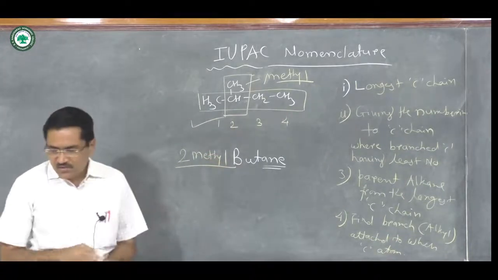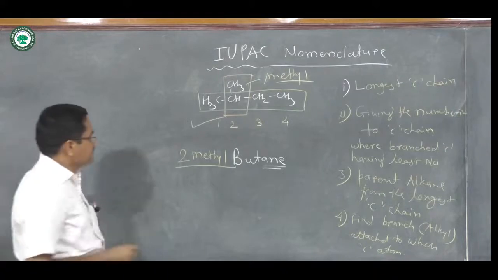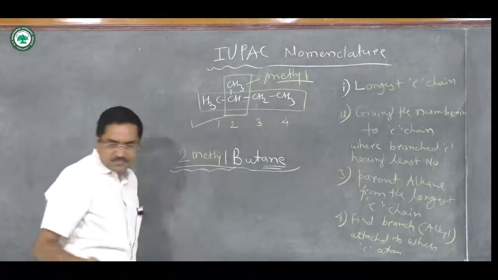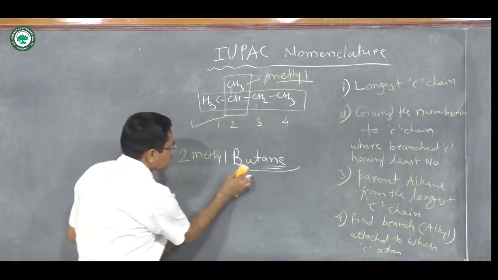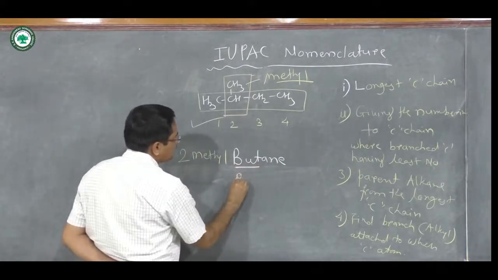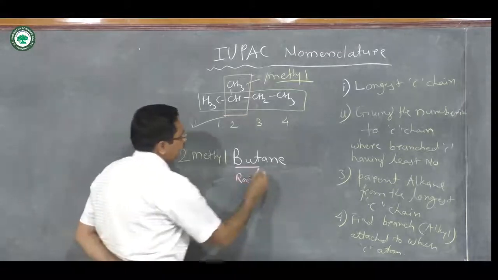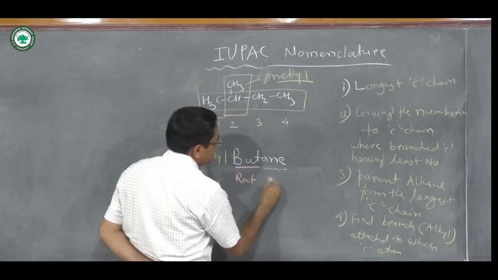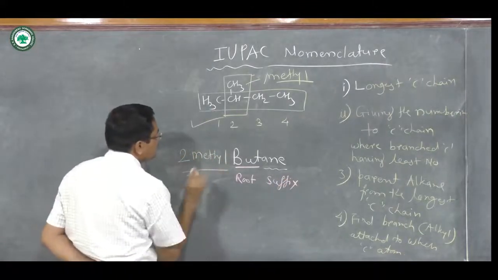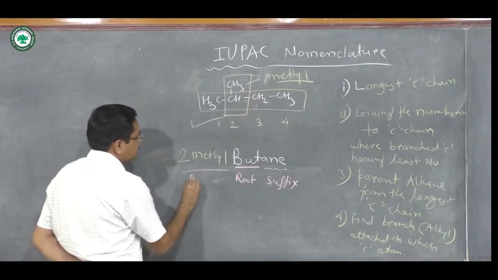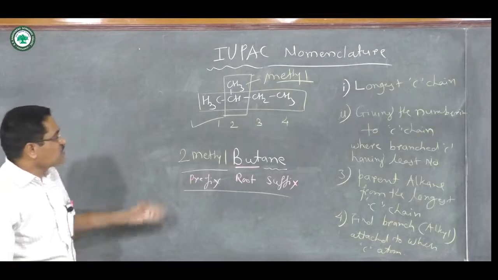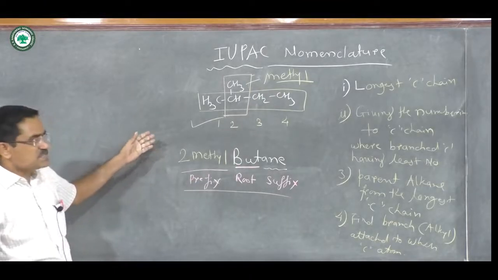Now when we go into detail of this nomenclature, this BUT is called the root. This Ane is called the suffix, and this methyl group is called the prefix. Actually this is part of IUPAC nomenclature or IUPAC names.